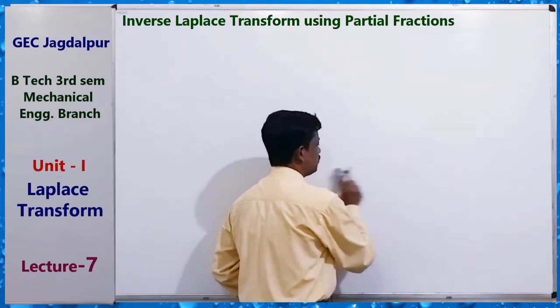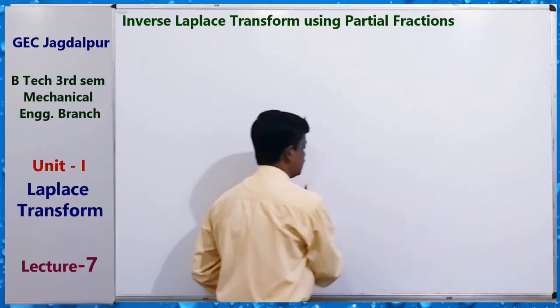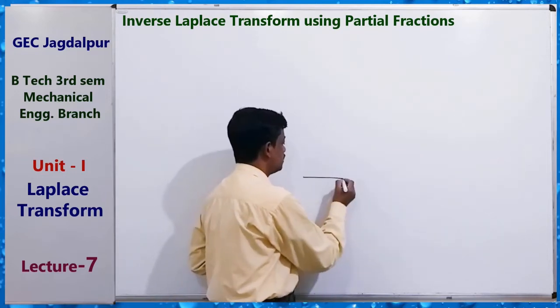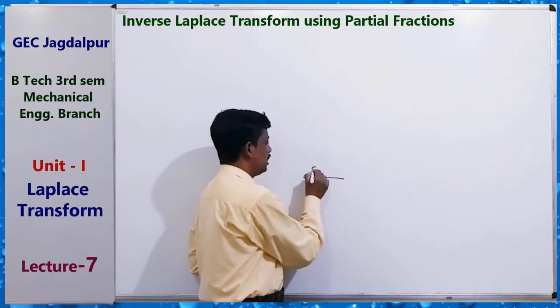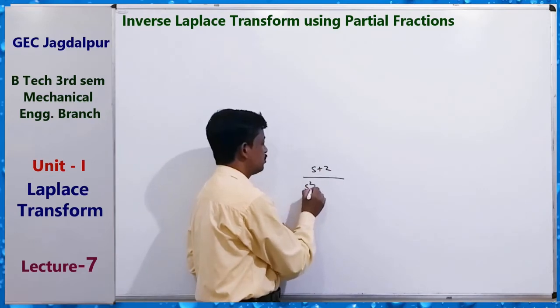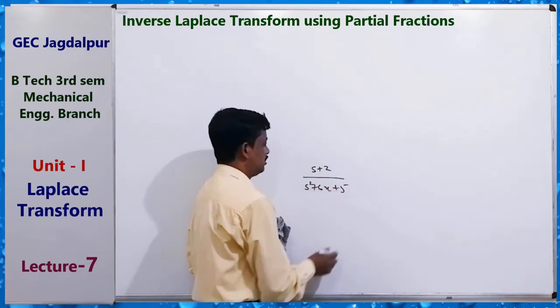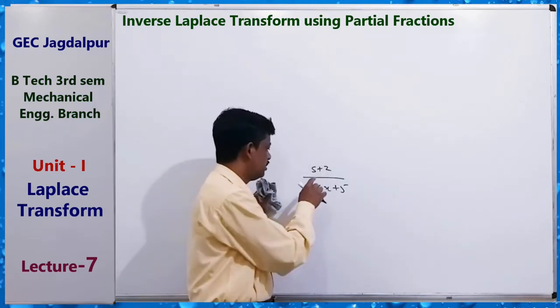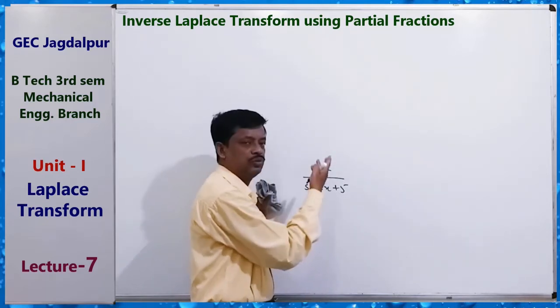We know the method of partial fractions. What is the method? Suppose s plus 2 upon s square plus 6s plus 5. Here the numerator has degree 1 and the denominator degree 2, or maybe degree 3 and degree 1 or 2.